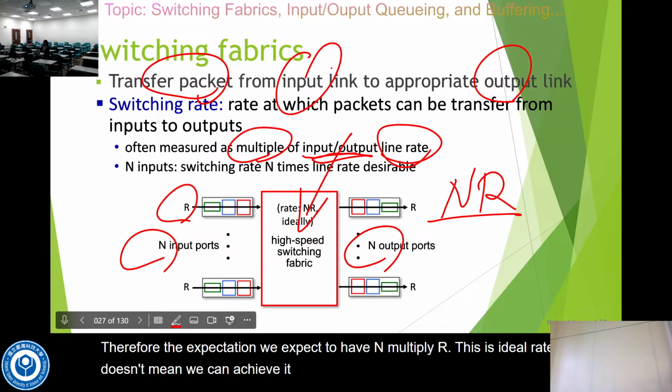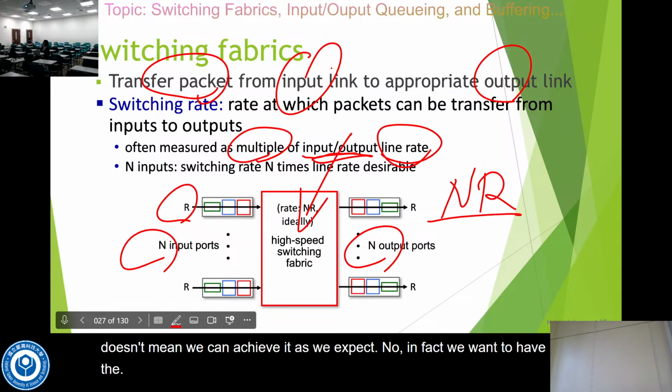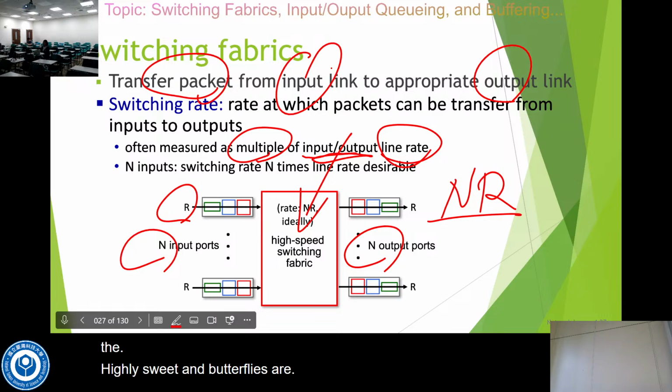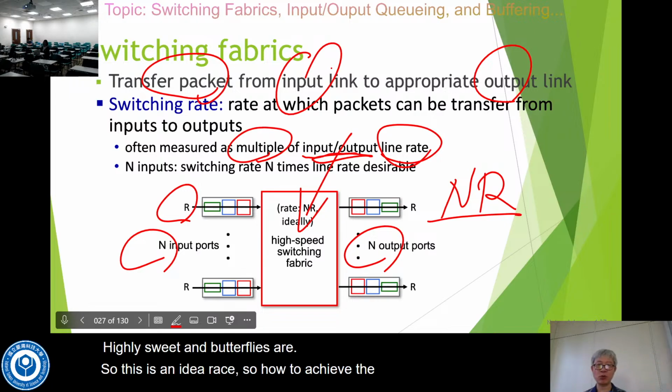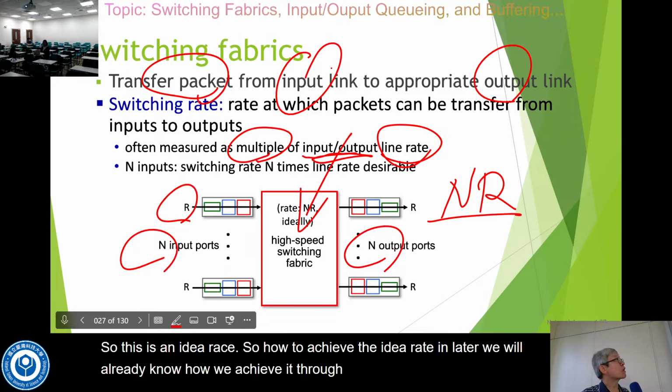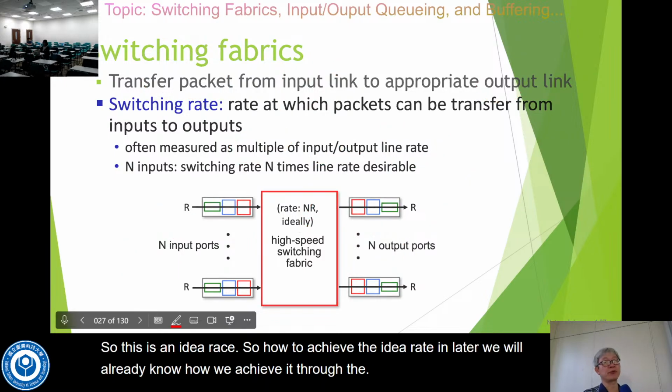In fact, we want to have the highest rate, n multiplied by R. So this is the ideal rate. So how to achieve the ideal rate nR? Later we will know how we achieve it through three different approaches.